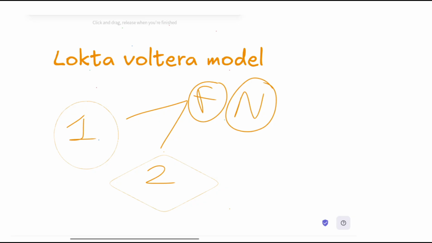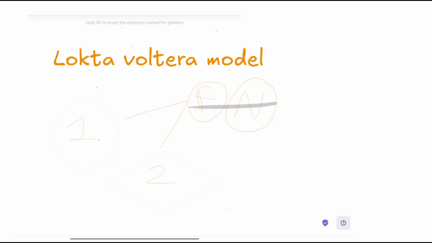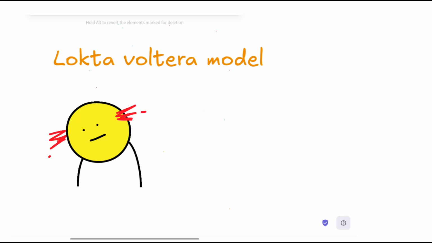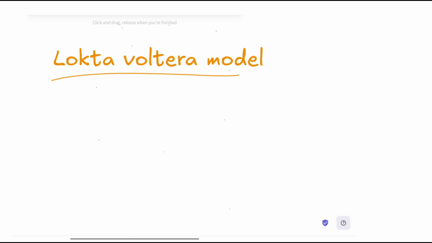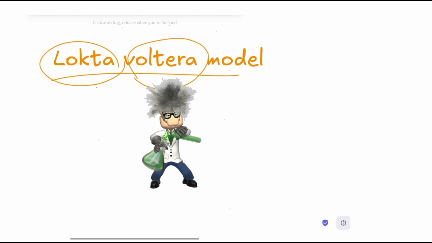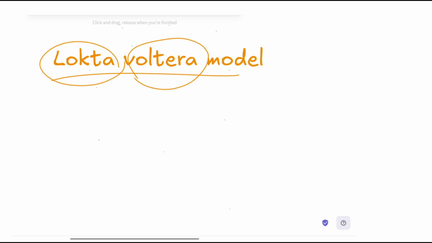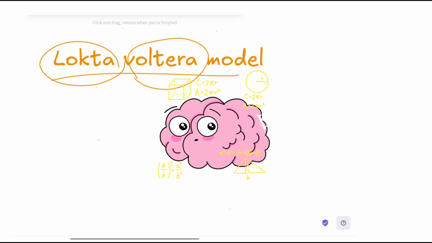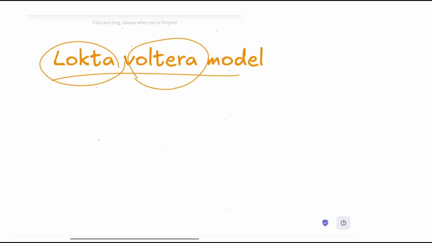Now let's learn about the Lotka-Volterra model. It was found by two different physicists and mathematicians. It is a mathematical equation. Lotka and Volterra independently found out about the interaction. The mathematical model was developed by two different people who worked independently.